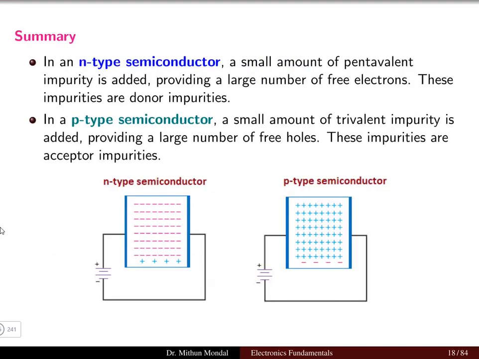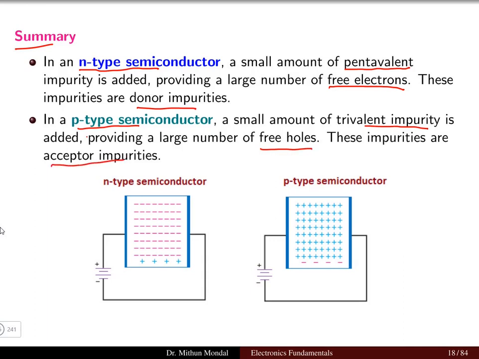So the summary of extrinsic semiconductors is: to form N-type semiconductor, pentavalent impurity atoms have to be added, more electrons will be formed, and they are known as donor impurities. To form P-type semiconductor, trivalent impurity atoms have to be added, and free holes will be formed, and they are known as acceptor impurities.